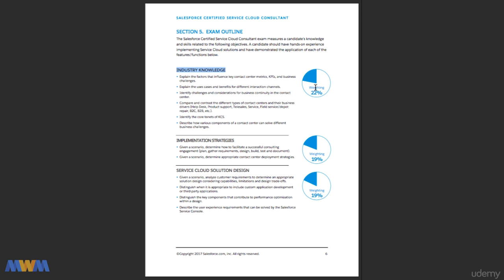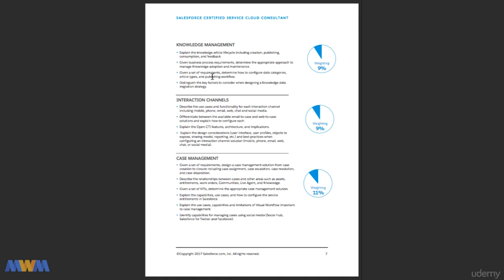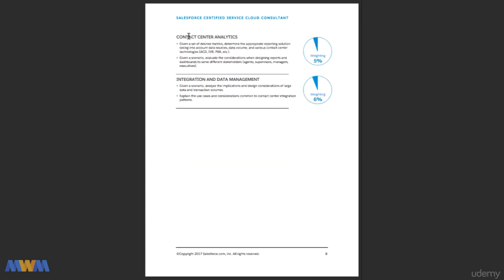And so there's a section in my course corresponding with each knowledge area, and those go in order. And so I've structured the course to follow the structure of the exam guide knowledge areas. And so we've got sections related to industry knowledge, implementation strategies, the Service Cloud solution design, and then continuing onward, additional knowledge areas related to knowledge management, interaction channels, case management, and then finally contact center analytics.